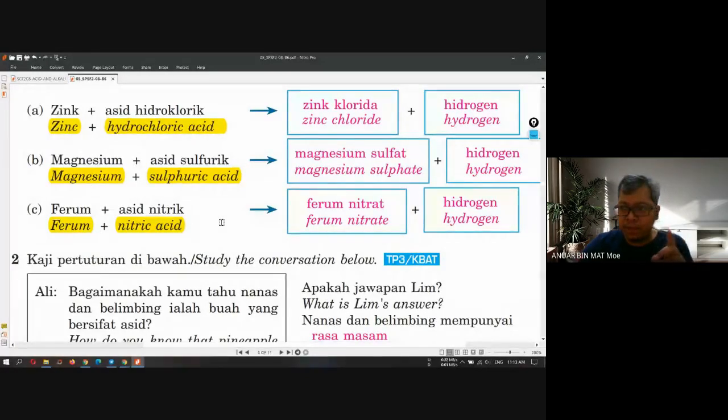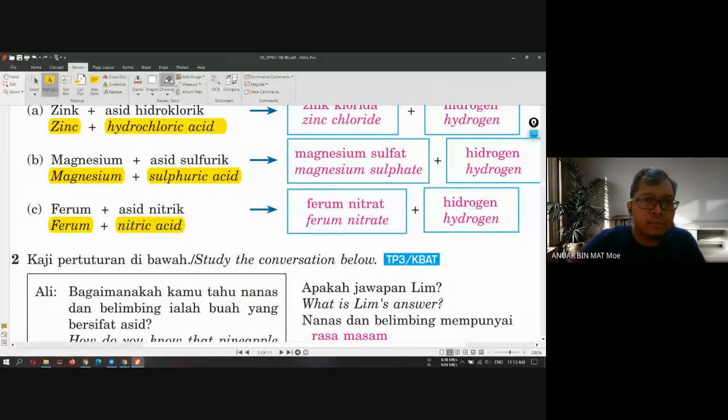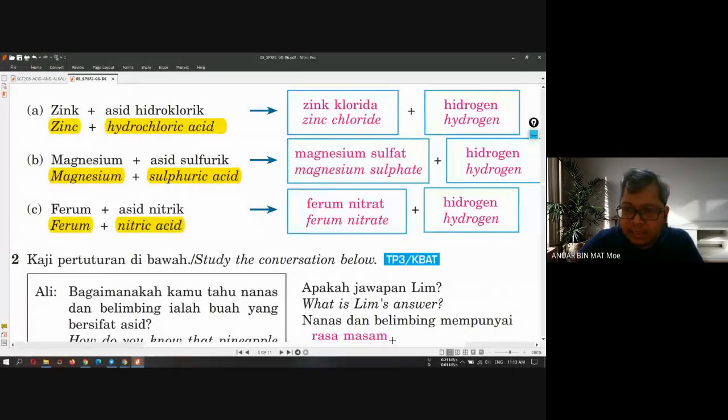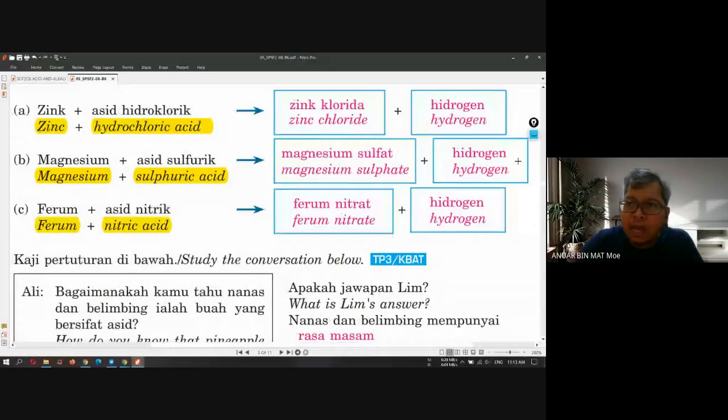You must remember, any metal when you put inside acid, it will form a reaction. It will produce what gas? Hydrogen. If you can see here, A also hydrogen, B hydrogen, and C also hydrogen.